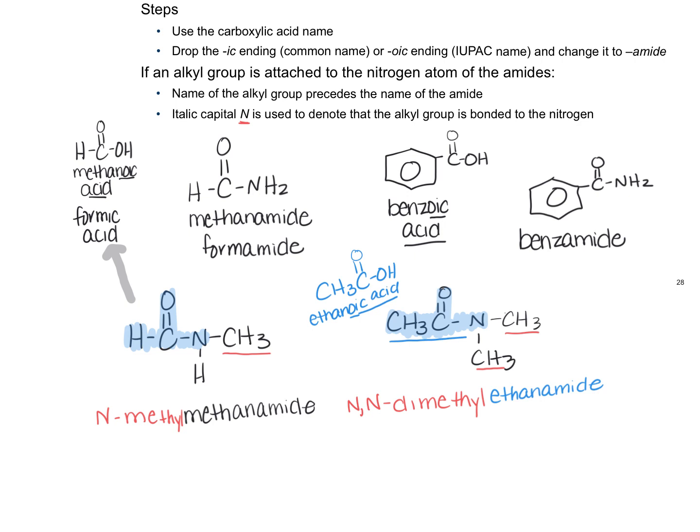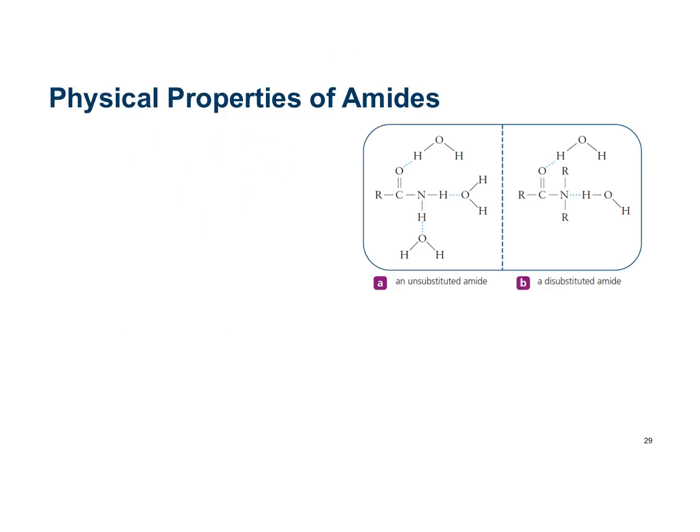Now, let's look at some physical properties. The first physical property I'm going to talk about involves formamide, which is this guy right here. So I wanted to definitely put that out before we got there. Formamide is the only unsubstituted amide that's a liquid at room temperature.